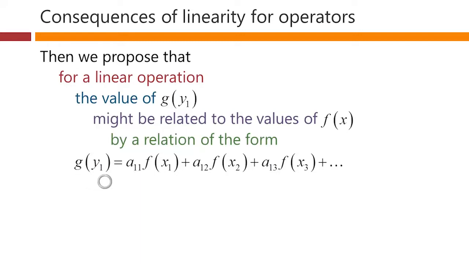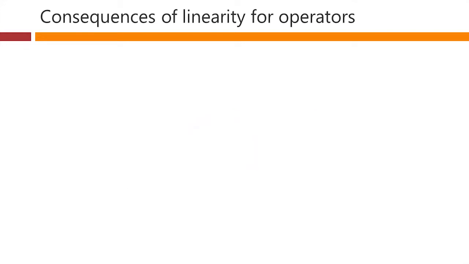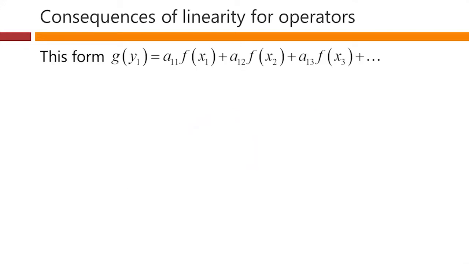So g of y1 would be some constant a11 times the value of f of x at x1 for its argument, plus a12 times f of x2, and so on. And these we would allow to be complex constants.